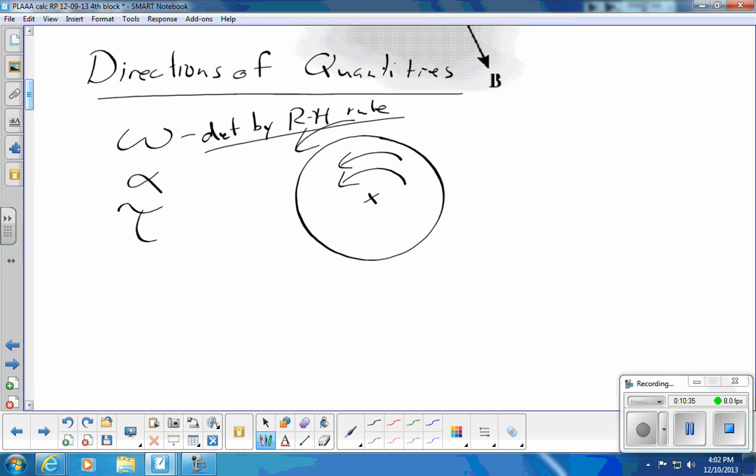This is so odd to try to do with this video, but have your fingers curling along these arrows, as if you actually rotate your hand, your thumb should be pointing out of the board again. And if it is, that's good. So the direction of the angular velocity vector for this rotating disk is out of the page.